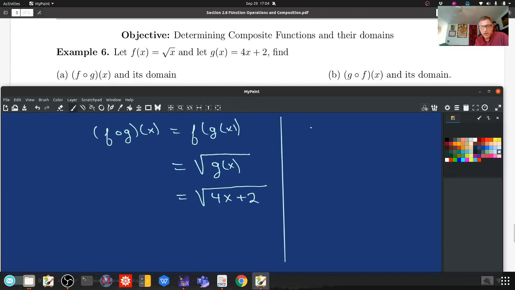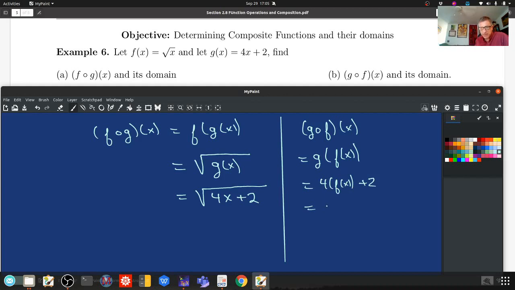And they want to find, well, can you give me what g composed of f of x is? Well, by definition, that's g. Its input value is f of x. And g is given by 4 times f of x plus 2. But because why?